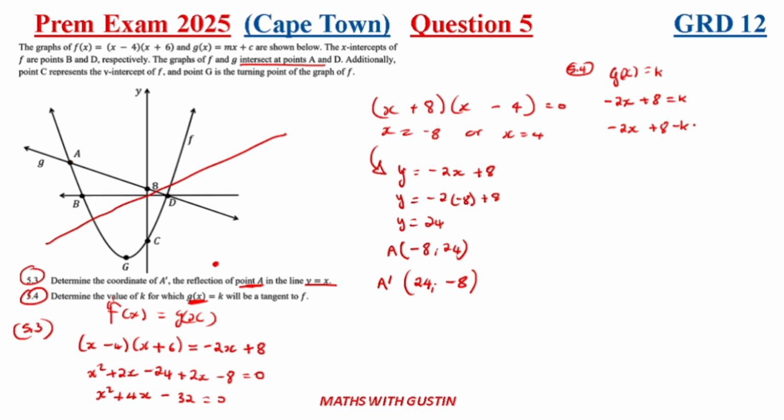Not too sure about this one because I know a tangent is supposed to touch at one point. Maybe the examiner wanted to say f of x. I'm not sure. But the guys from Western Cape, please let us know if this was corrected to f of x or not. But anyway, I'm just going to work with what the question said. It says g, so I'm going to use g.